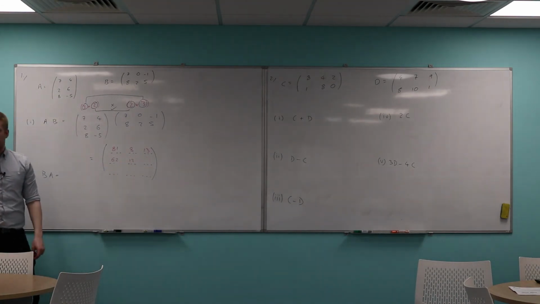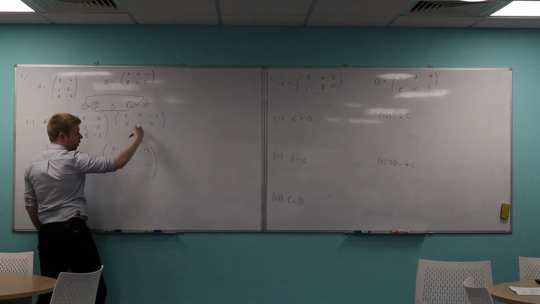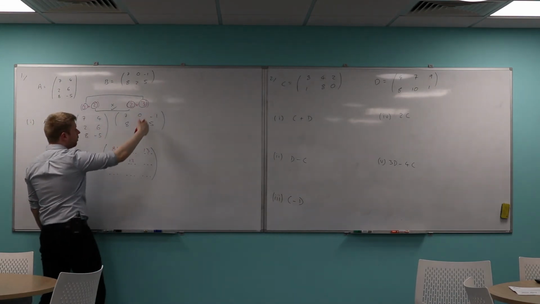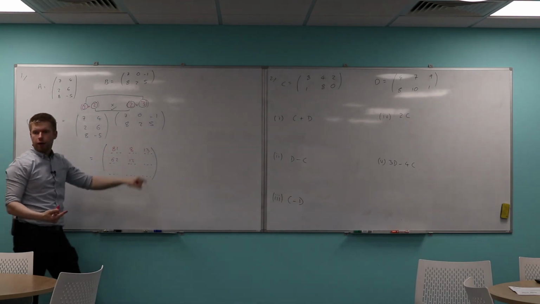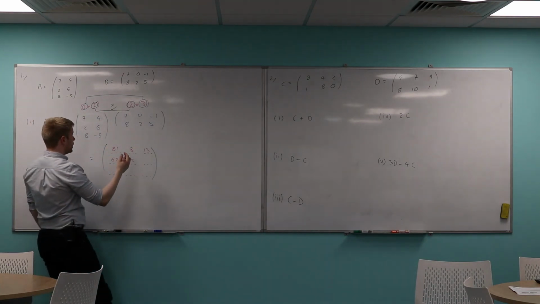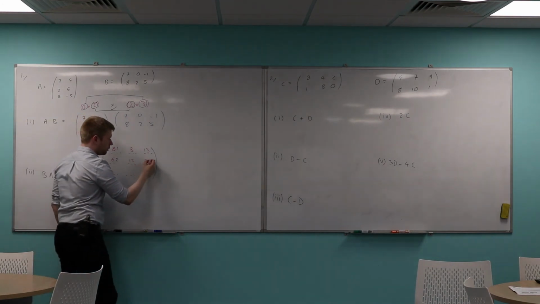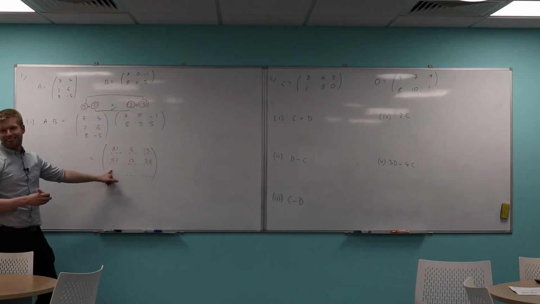What about this element here? What position is that element in? Fantastic. Second row, third column, which means we're going to be using the second row and the third column. Let's do this. 2 times negative 1 plus 6 times 5. 28, yeah? Good. This element here, what position is it in?